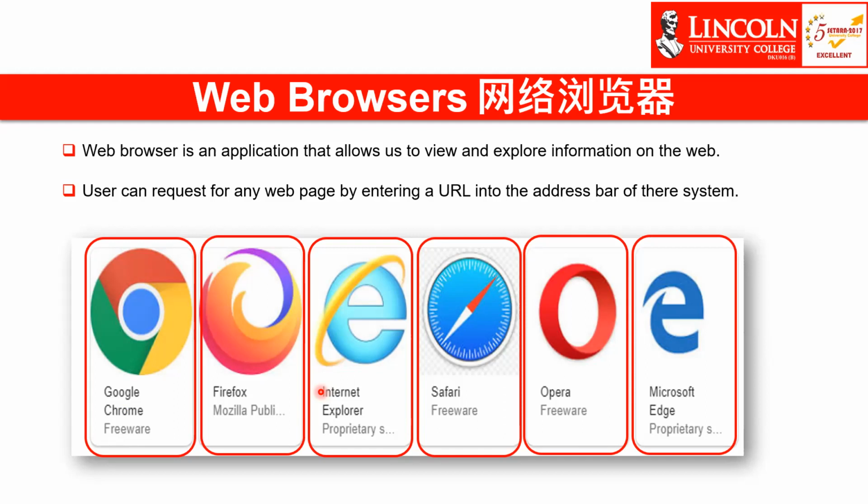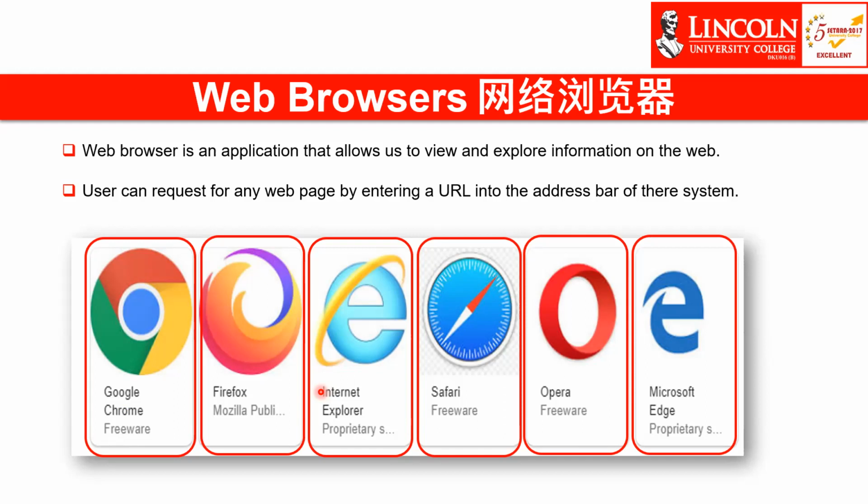If you're using systems that are not Windows, like Mac or Linux, then they always come with their own compatible browsers. But for Windows systems, of course, Google Chrome is available, Firefox is available, Opera is available, Edge is available, and many others. All these web browsers do the same thing.